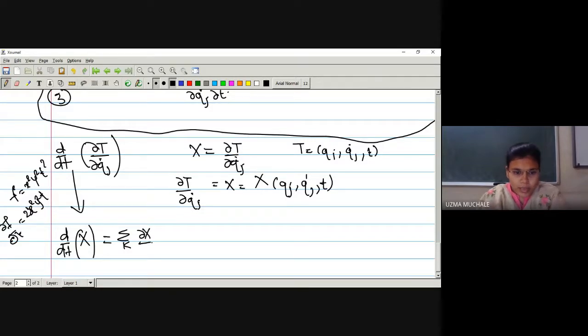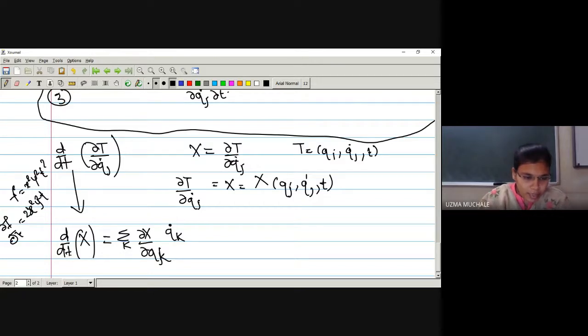It will be dou x by dou qj, and derivative of qj with respect to t, because here we are differentiating with respect to qj. As j is already used, we'll use a k, so it will be dou x by dou qk into qk dot.